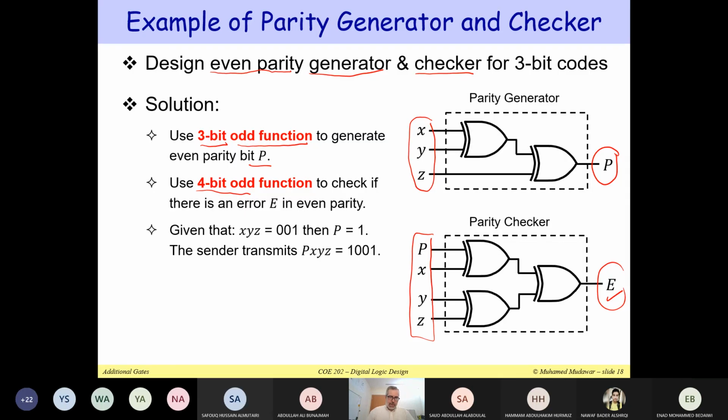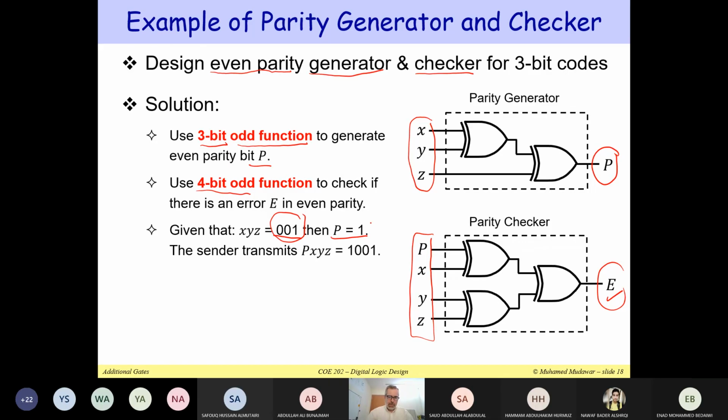I have an example about this. Suppose that XYZ is equal to 0, 0, 1. Since we are using an odd function, the parity bit must be equal to 1. Because the number of ones is odd, the parity bit must be equal to 1 to make it even, because we would like the total number of ones to be even.